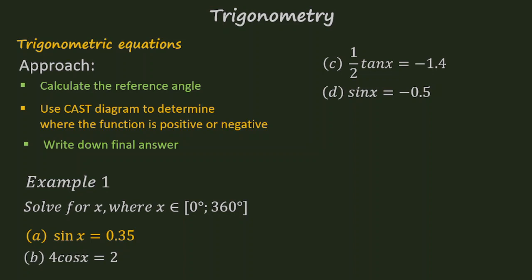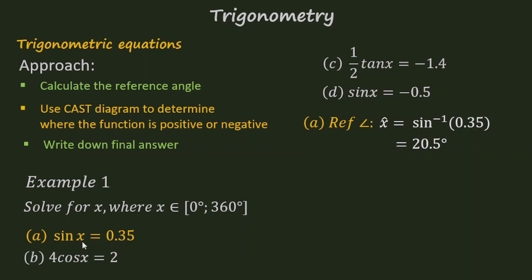That will give you an angle of 20.5. So if you say shift sine 0.35, you'll get an angle of 20.5 if you round to one decimal place. This is how we find the reference angle.